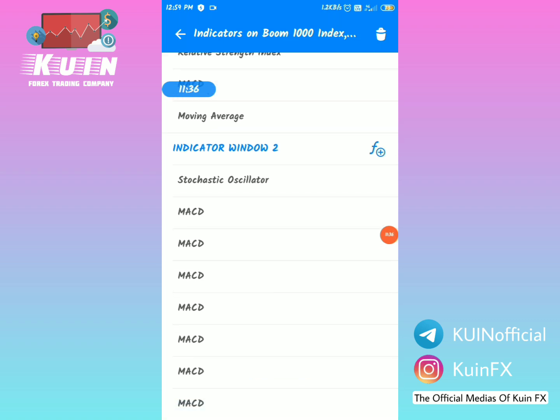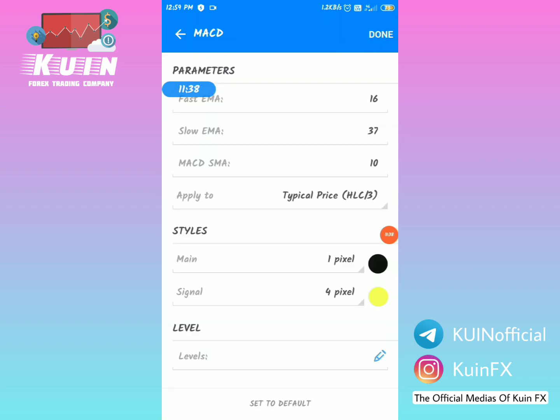In 5th MACD, fast EMA is 16, slow EMA is 37, MACD SMA is 10. Apply to typical price HLC/3. Style main 1 pixel is black, signal 4 pixel white, labels no labels.